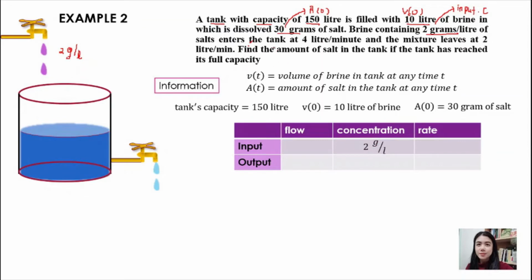And then it enters the tank at 4 liter per minute. This 4 liter per minute refers to your input flow. So you have input flow that is 4 liter per minute.